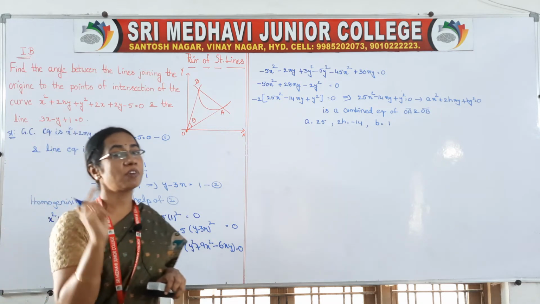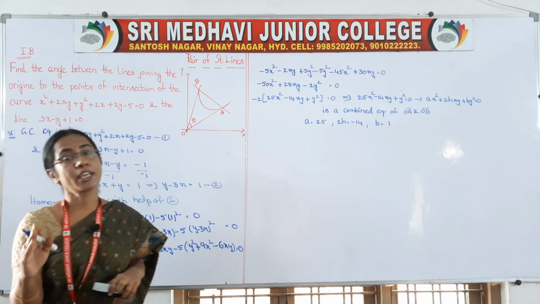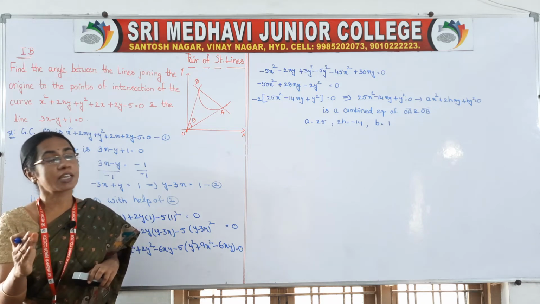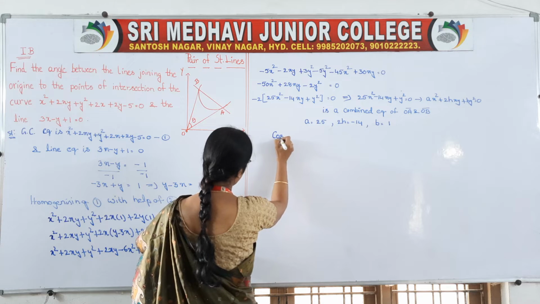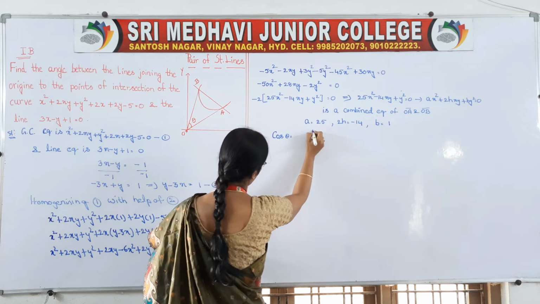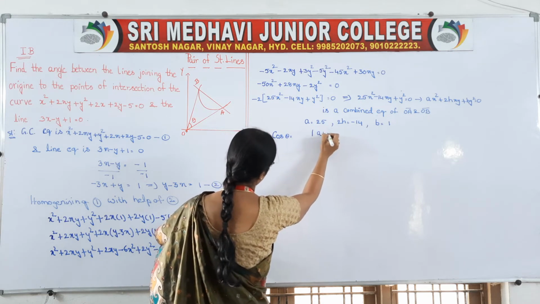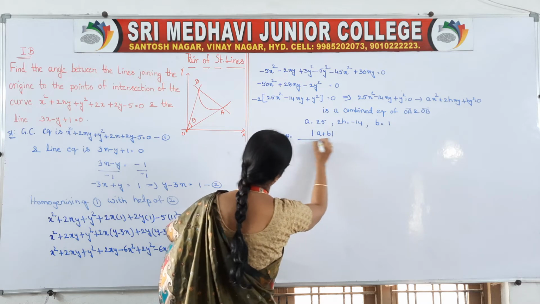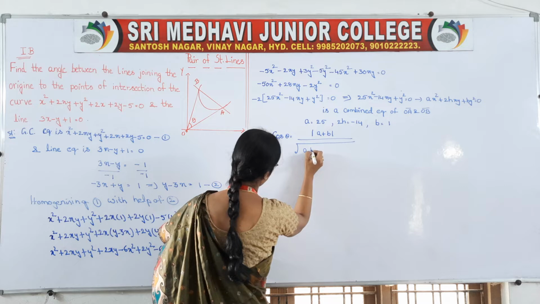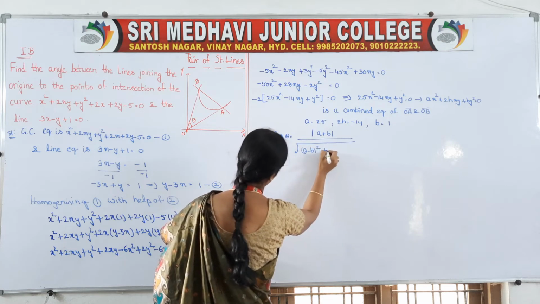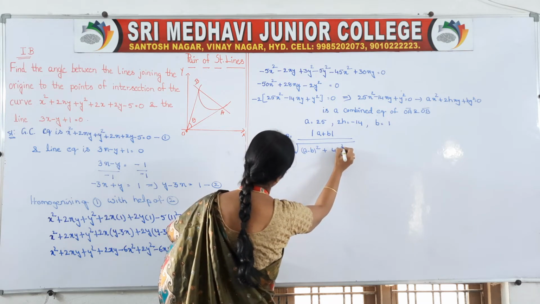Already we proved one theorem: the angle between OA and OB is given by cos theta equal to, do you remember that formula? Cos theta is equal to modulus of A plus B by root of A minus B whole square plus 4h square.